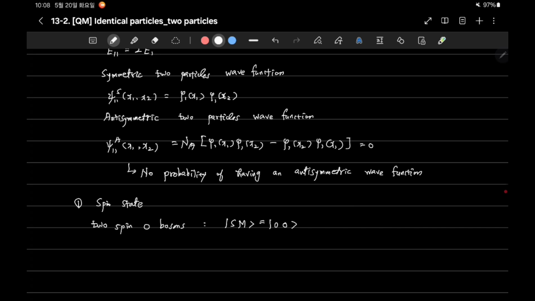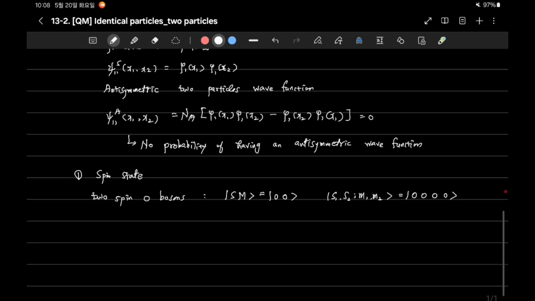It is the coupled basis; in the uncoupled basis, S1 and S2 and M1 and M2 are all 0.